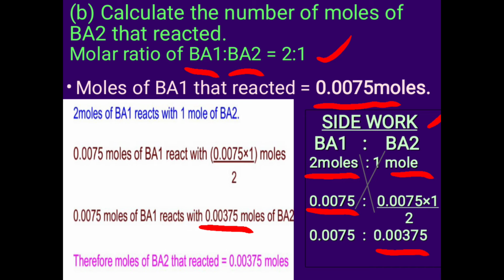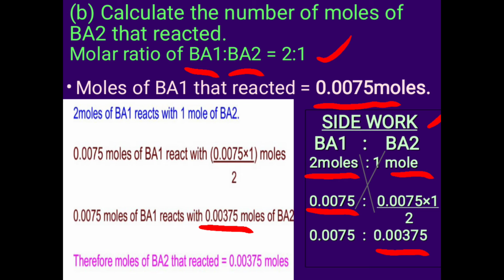So therefore, for the moles that reacted, in this case we are dealing with Ba2. For Ba1 we have 0.0075. For Ba2 we have calculated 0.00375.